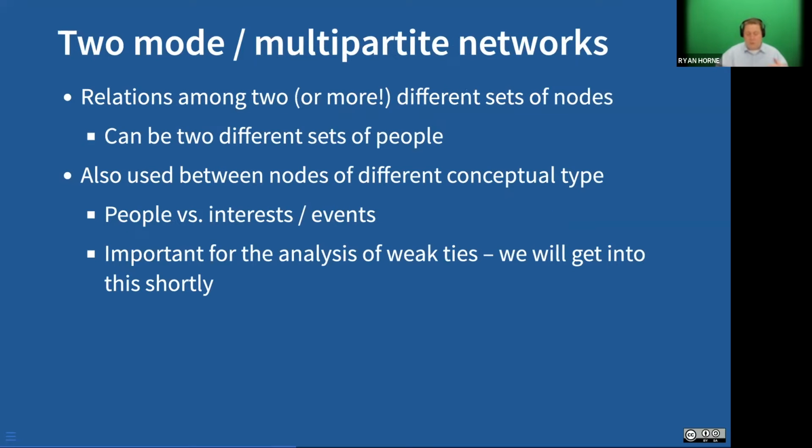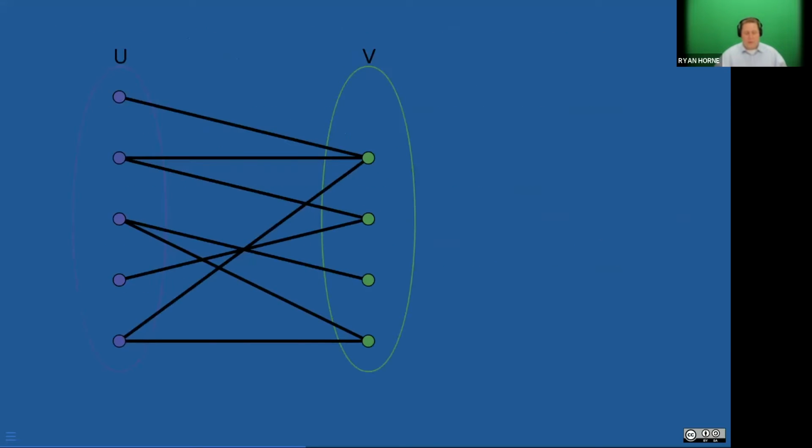2 modes or multipartite networks, you can say different sets of nodes. Like let's say people that are working in different businesses, or people that are in different kinds of events. And this can be really interesting for things like strong and weak ties, which we'll get into later in this workshop. And a multipartite network generally looks like something like this.